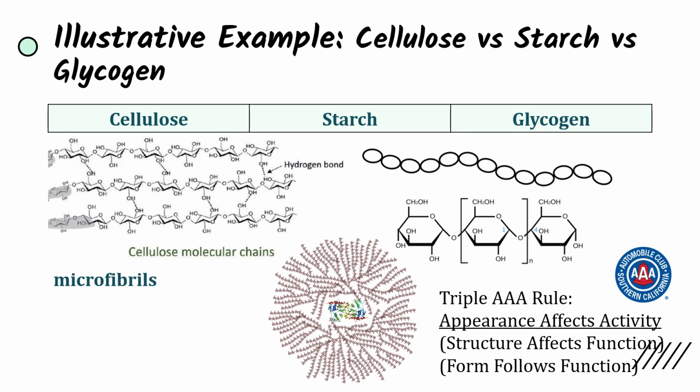So here we have three different kinds of carbohydrates: cellulose, starch, and glycogen. And remember, we discussed that starch and glycogen are our energy storing molecules, while cellulose is within plant walls. Here are our cellulose pictures, and as you can see, we have a sheet.